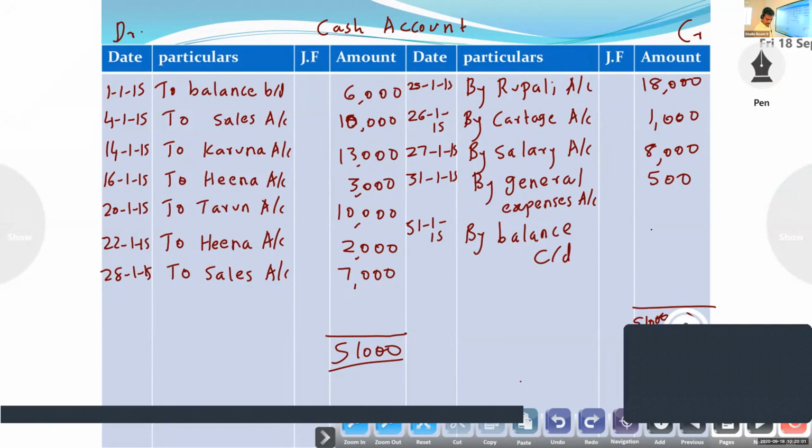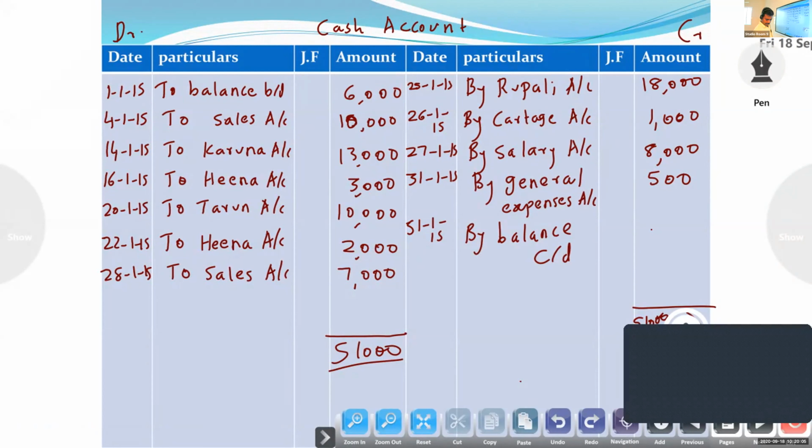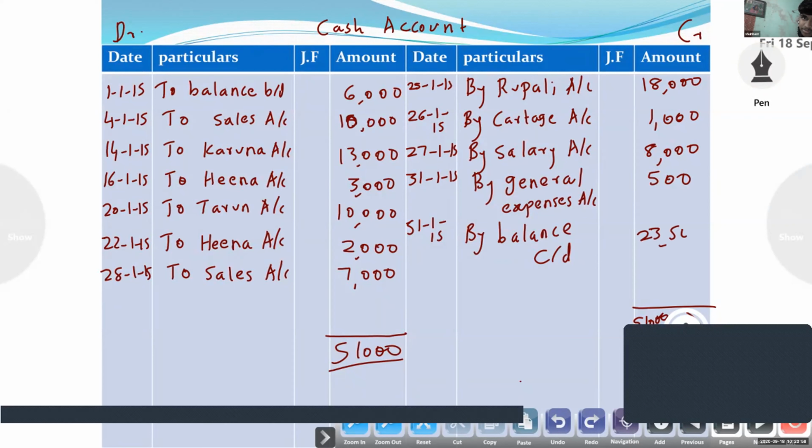The credit side total is 27,500. Difference amount is 23,500. Yes, 23,500.